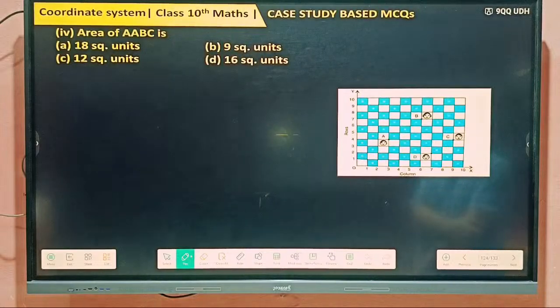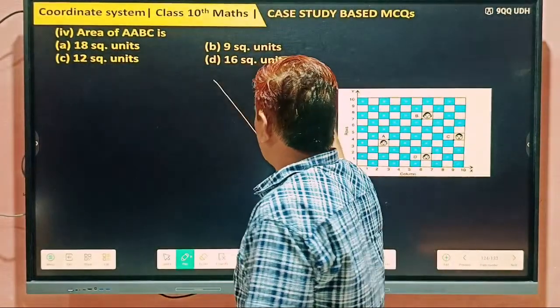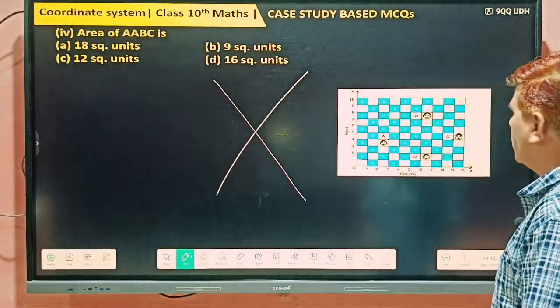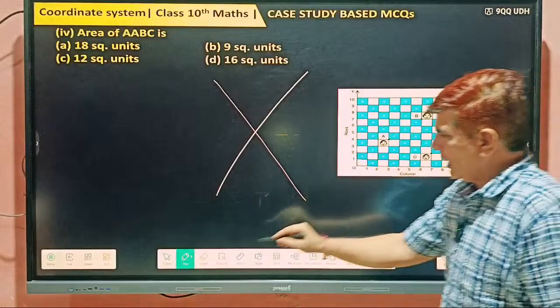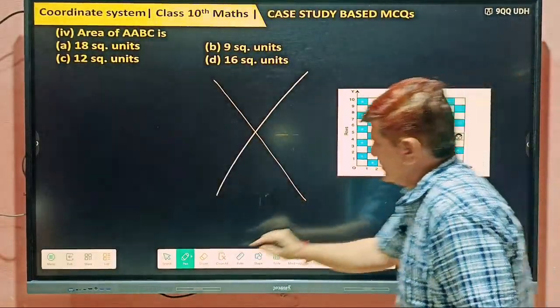Area of triangle. Which triangle? Area of triangle ABC. So this is not in your syllabus. Area is not in your syllabus. But if you want to find out the area of triangle ABC, I can tell, just for enjoying this.